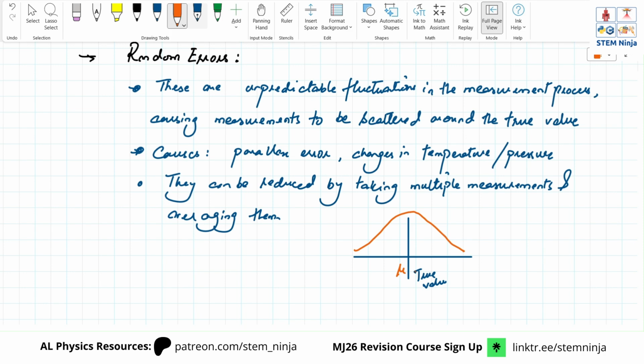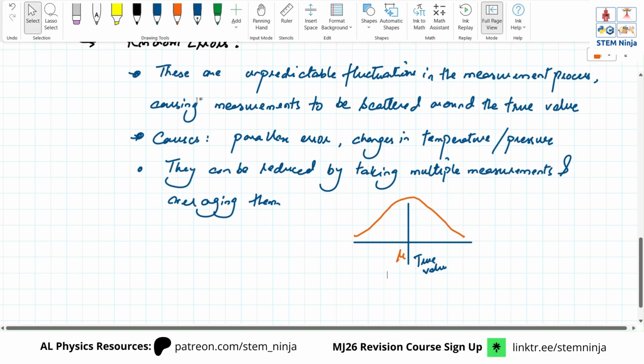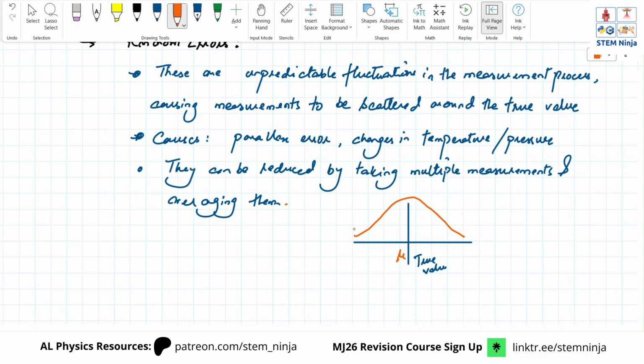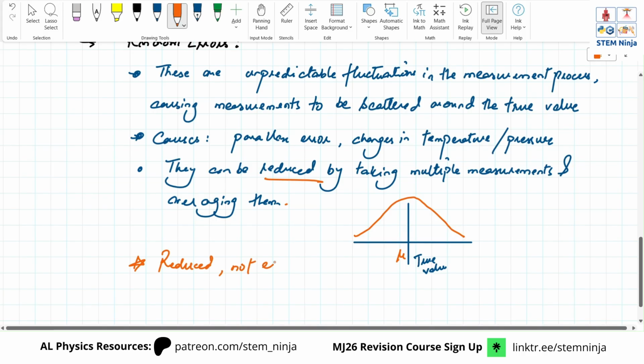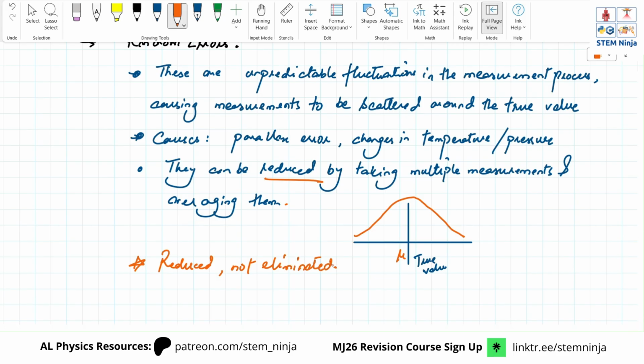If you are familiar with statistics and the Gaussian normal curve, you would know that there's a much higher probability of a value being near the mean. So they can be reduced, not eliminated completely.